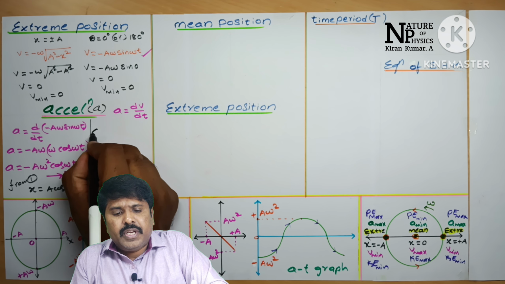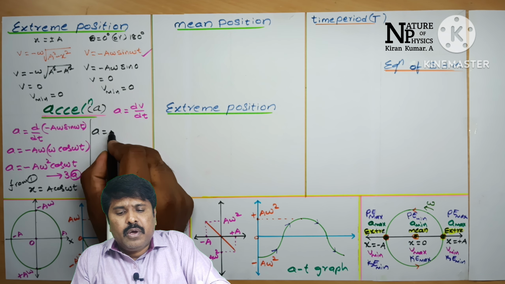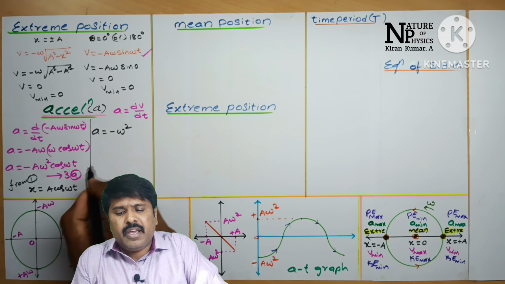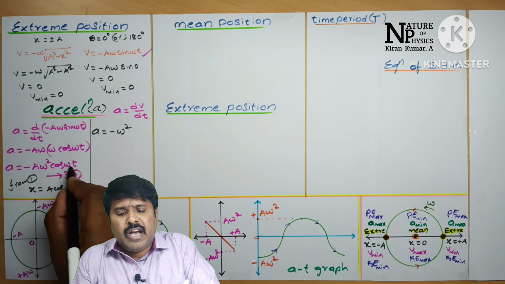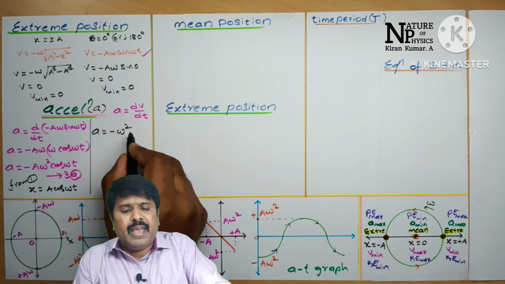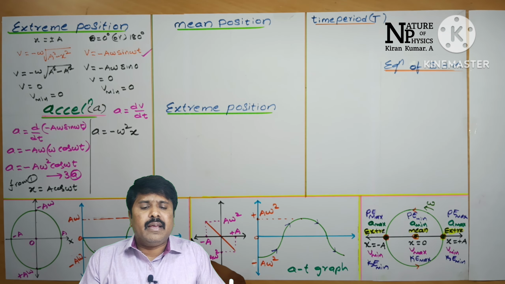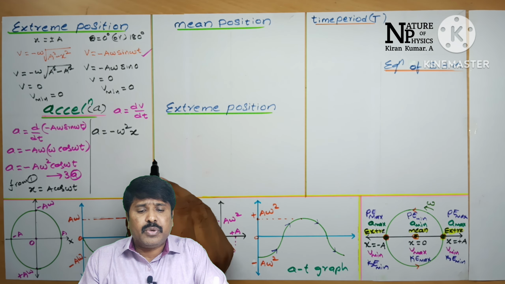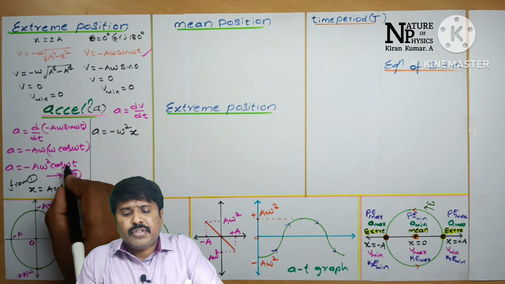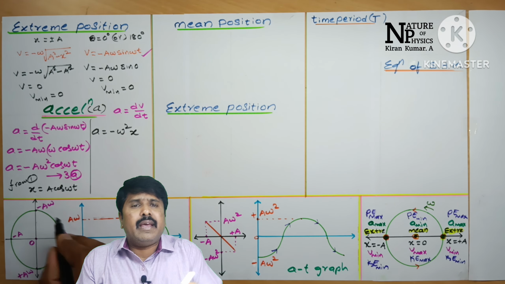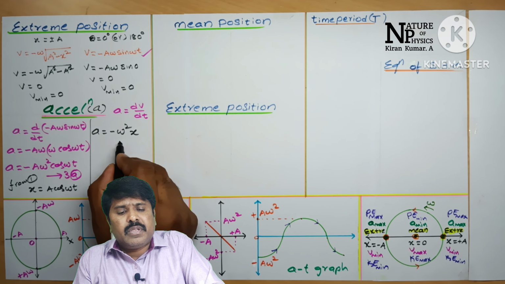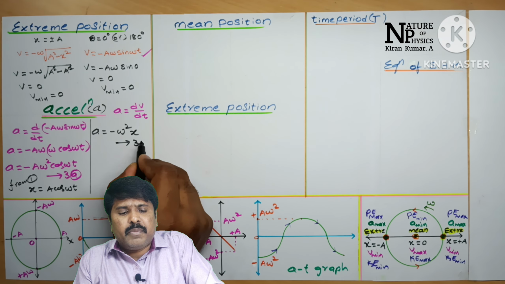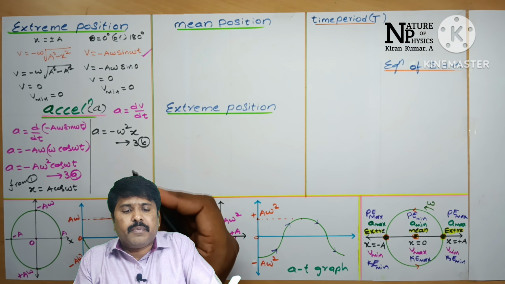So acceleration a is equal to minus omega square into, this a cos omega t becomes x. So written clearly x. See clearly student, a cos omega t is equal to x from equation 1. So this I can write as equation number 3b.